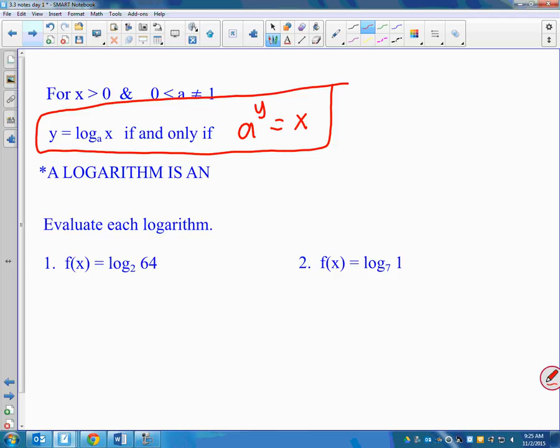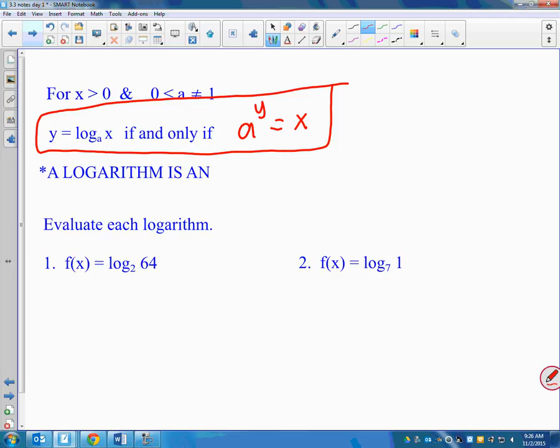Really, really important without a calculator that you know this equation here, that you know how it changes from a logarithmic equation to an exponential equation. So I always remember, when we say y equals log base a of x, a is the base. A is the base over here, right? So that makes sense? The x value is what you get when you take it to a power.